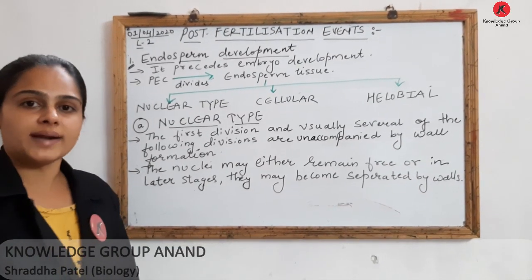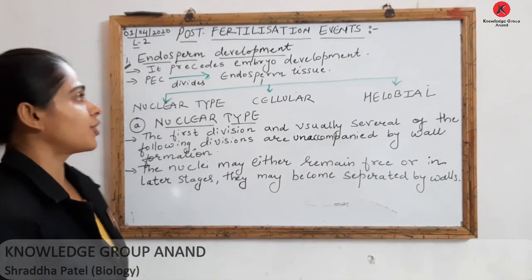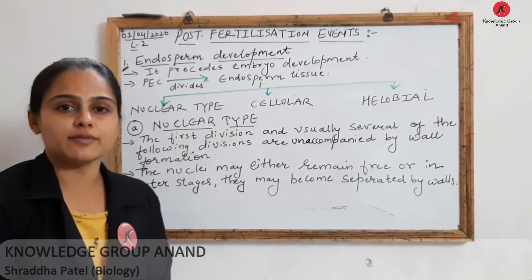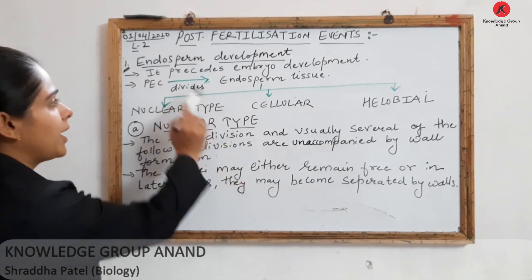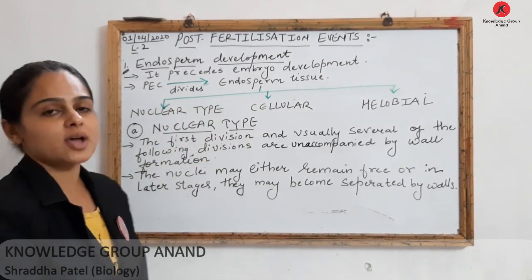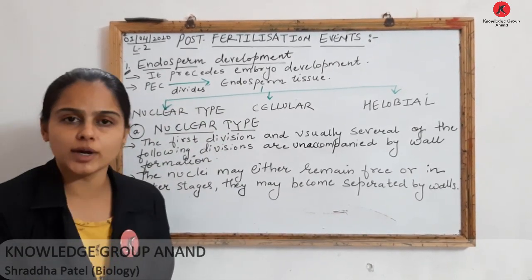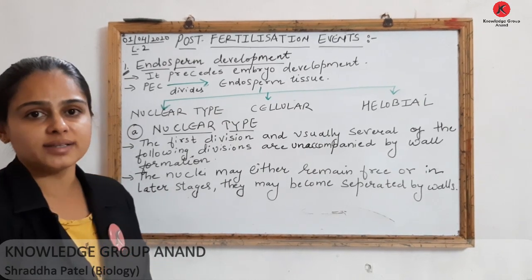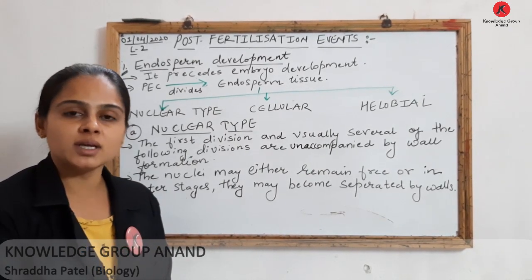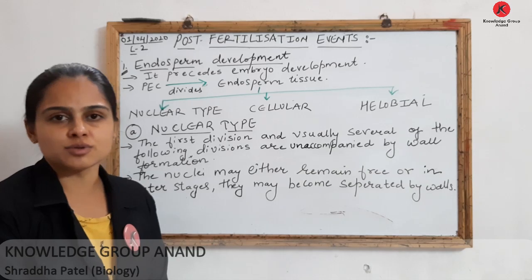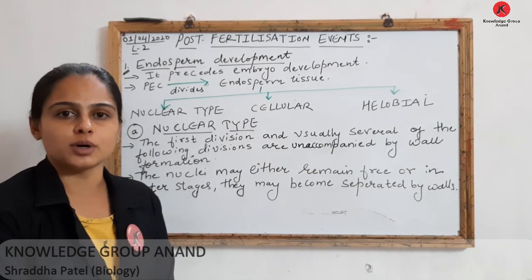Okay, now let us begin with the first event of post-fertilization, that is endosperm development. We very well know that endosperm development precedes embryo development. That means what happens before embryo development? There will be division of your primary endosperm nucleus, which results in the formation of your endosperm tissue.